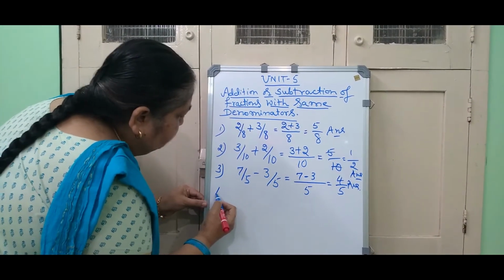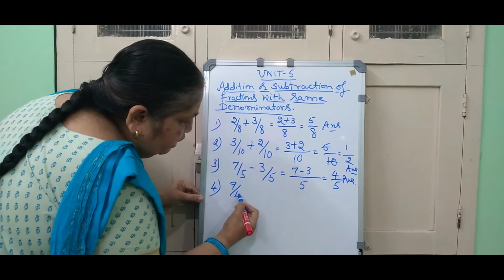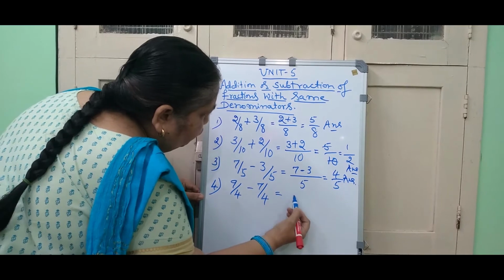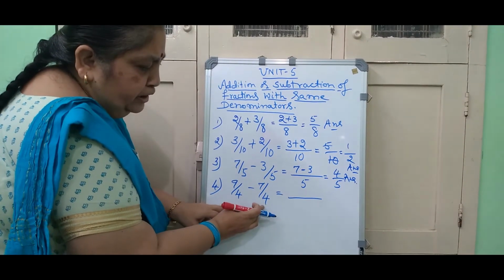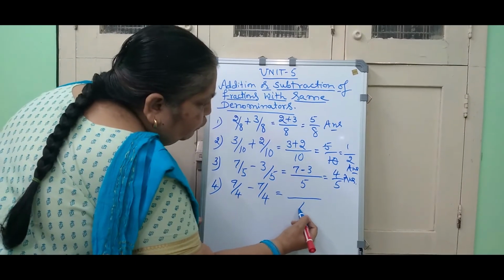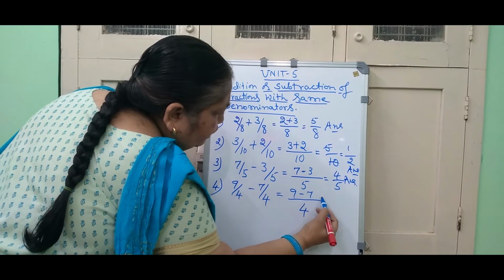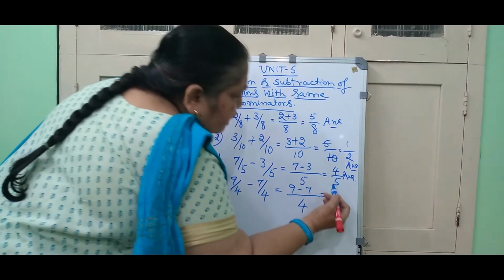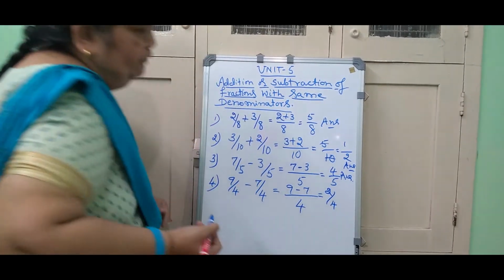Next, let me tell you one more example, that is 9 by 4 minus 7 by 4. Again, if we consider the denominators here, it is 4. 9 minus 7, let us write it on the top, that is the numerator. 9 minus 7 will be nothing but 2, so it is 2 by 4.